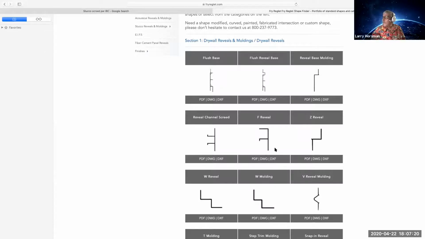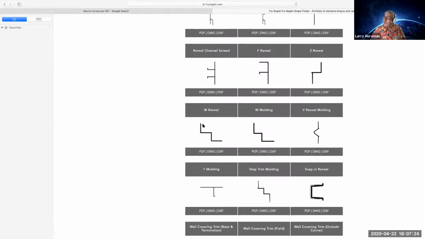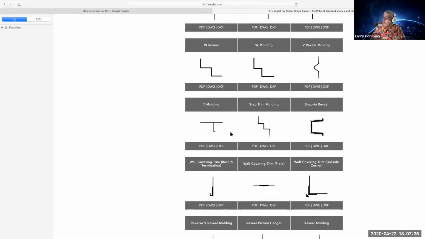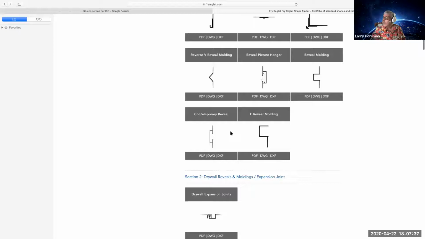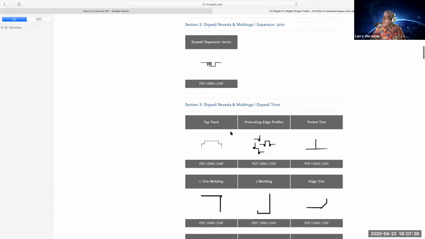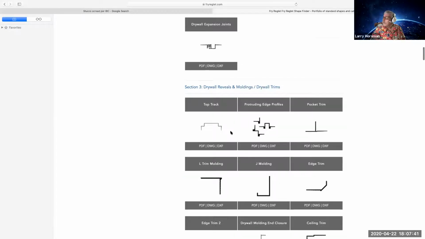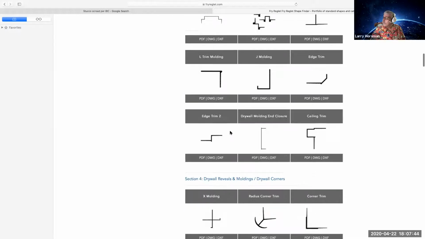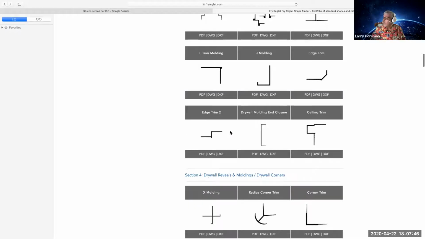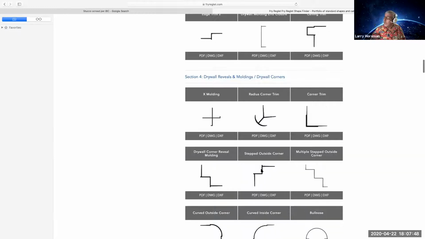If you're doing a fancy corner, you might do a reveal like this one. They've got all kinds of them. Trying to find the one for the corner. This one right here, this stepped outside corner.